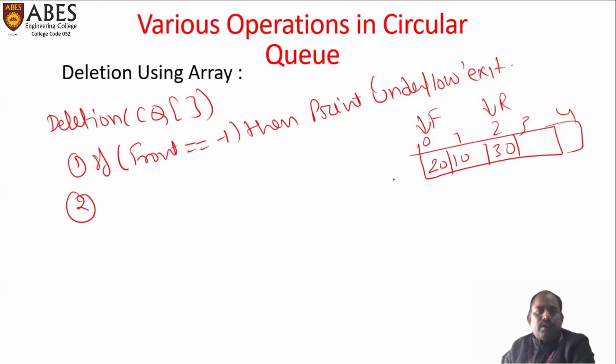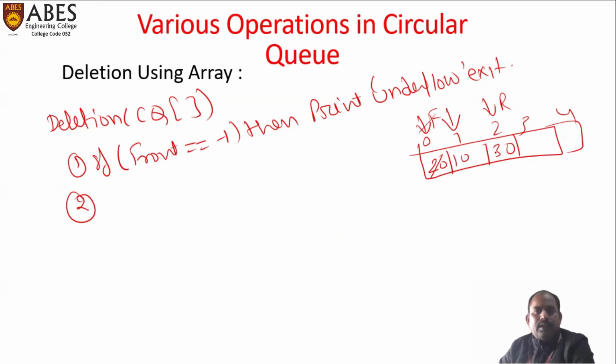If we want to delete some element like 20 from here, so what happens? 20 is deleted from this place, and we can increment the value of front from this to this. Okay. So after inserting these three elements, we have deleted one element from the circular queue.